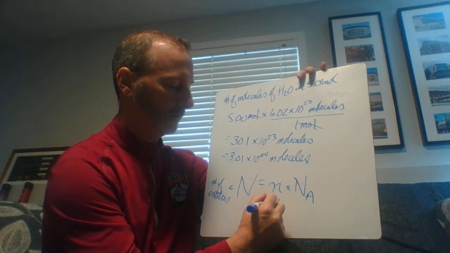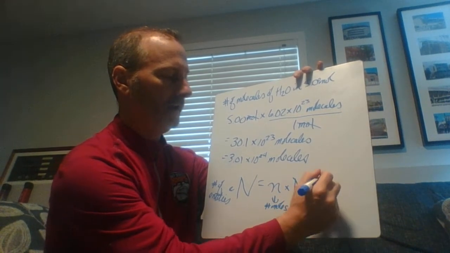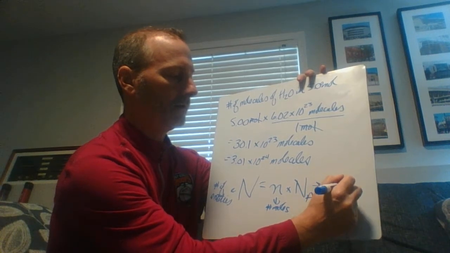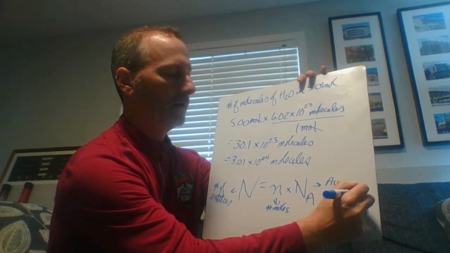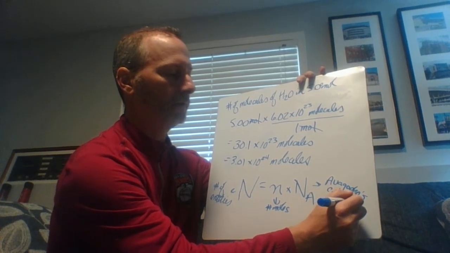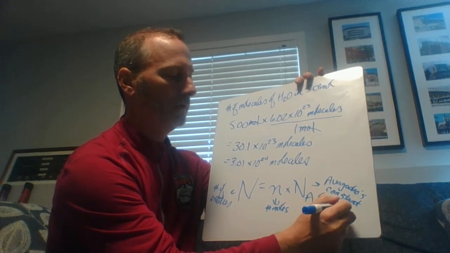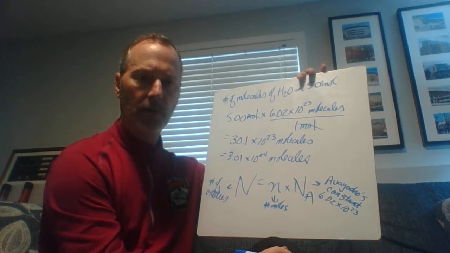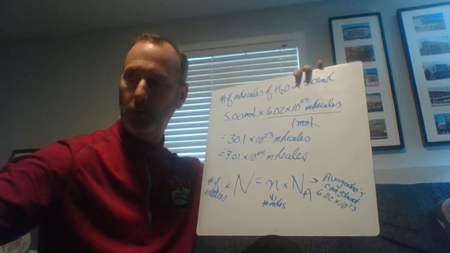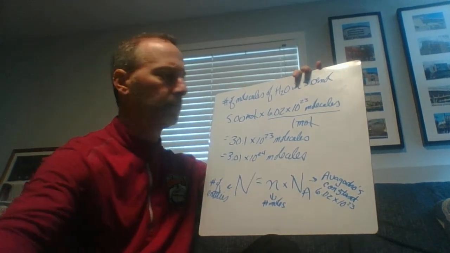Lowercase n is still number of moles. And N_A is Avogadro's constant, or Avogadro's number, which we hopefully know is 6.02 times 10 to the 23. Okay, so that's our next formula we're going to work with. From there, we're going to do a couple examples before we wrap up. Let's go to those right now.